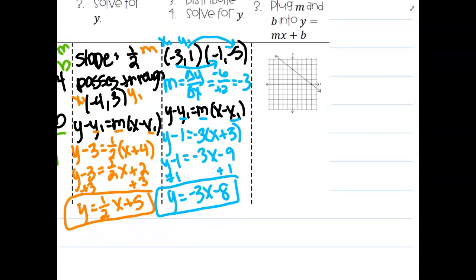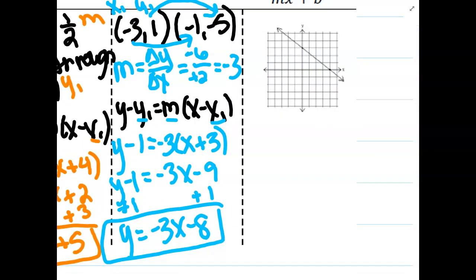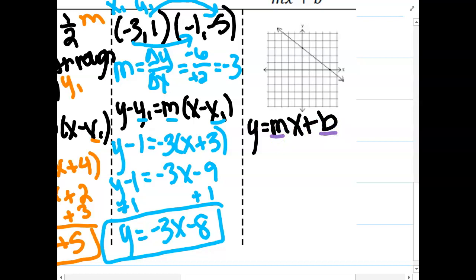So if I look at this example here, okay, remember what I'm trying to do is y equals mx plus b. For your final answer, you need your slope and you need your y-intercept. You don't have to use point slope form unless you have to, and I don't have to do that here because looking at my graph, I should be able to tell my slope. Okay, remember slope is rise over run.